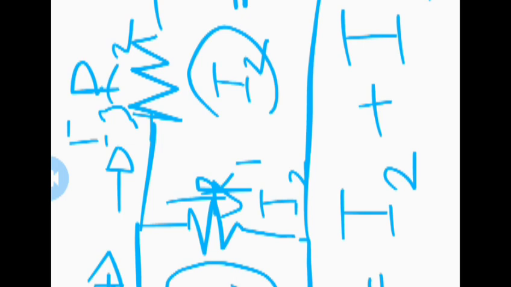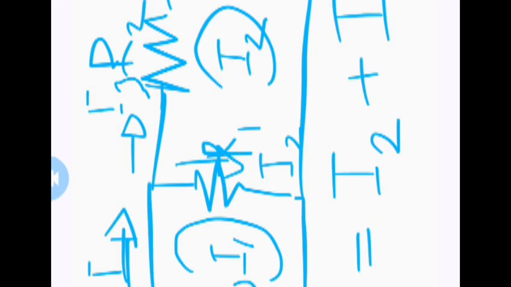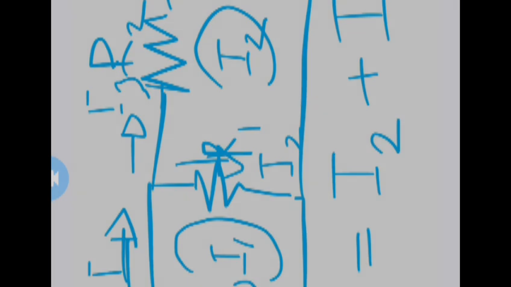So for instance, let's say I1 is given as 3 and I2 is known as 1.